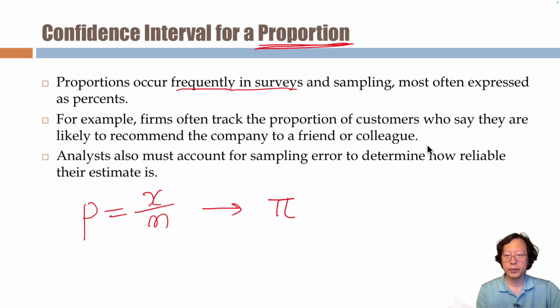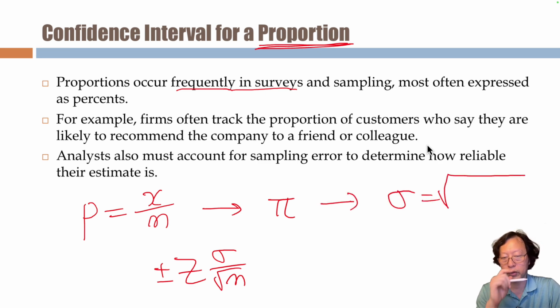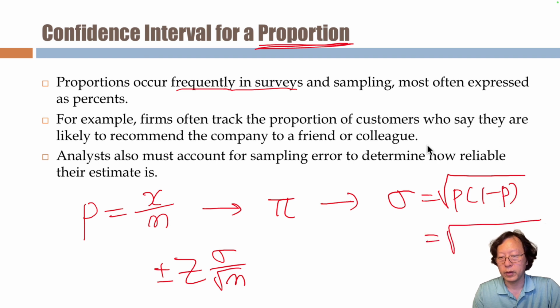Can we calculate the confidence interval for the proportion again? Same as what we know, z sigma over square root of n, we're going to plus and minus this. But in the proportion case we can find the standard deviation. What is the proportion's standard deviation? It is the square root of p times 1 minus p, or the real thing is pi times 1 minus pi.